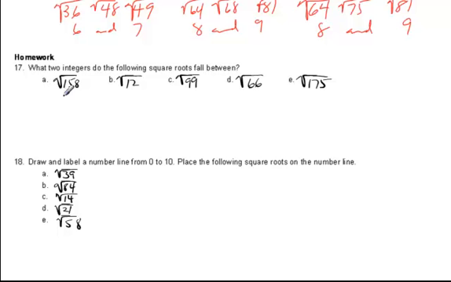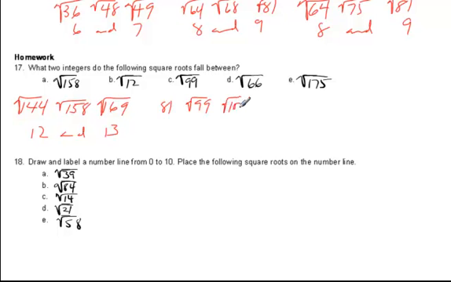Okay, let's go here. Square root of 158 is between what 2 perfect squares? 144 and 169. So the square root of 158 is between? This is easy. Okay, 99 is between what 2 perfect squares? 81 and 100. Excellent. You guys, I can't even write this fast anymore.